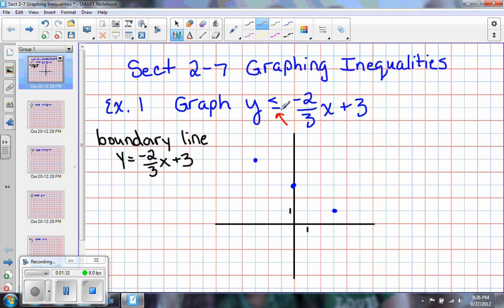Because it is less than or equal to, we're going to make a solid line. When it's less than or equal to, or greater than or equal to, we'll draw in a solid line. Just like when we had inequalities just on a number line and we filled in the dot, and if it's less than or greater than, we're going to make a dashed line.